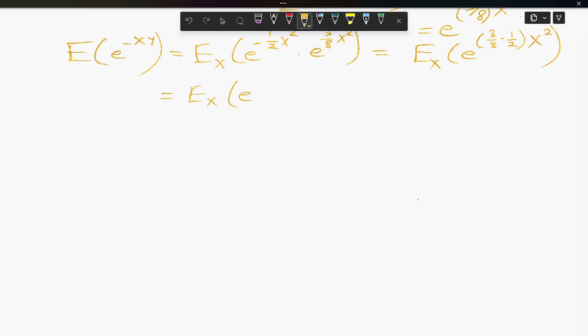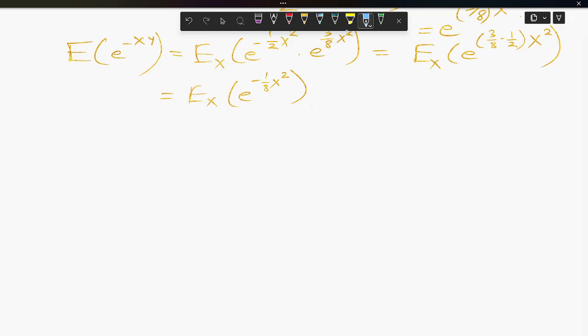We know that half is 4 by 8, so we get minus 1 by 8 X square. Okay, so now finally we only have to calculate this.